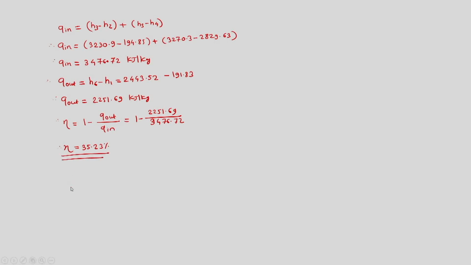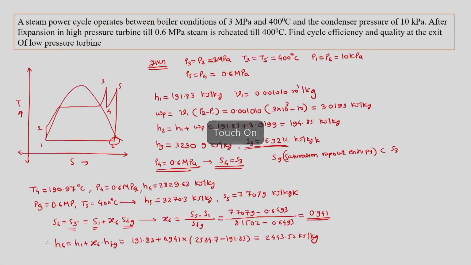So in this example we were supposed to find two things: the cycle efficiency and the quality at the exit. Here, quality refers to the dryness fraction at the exit of the low pressure turbine, which we found.